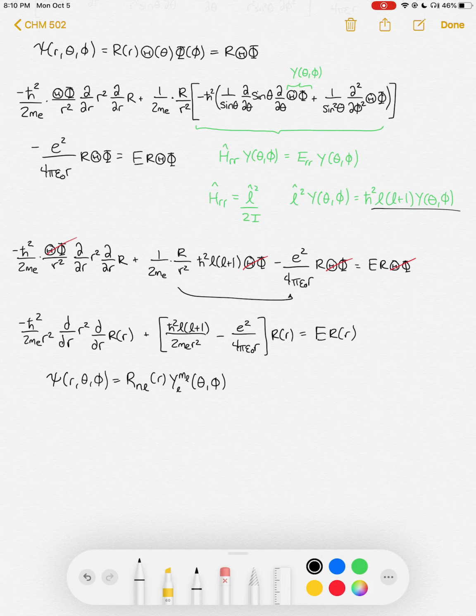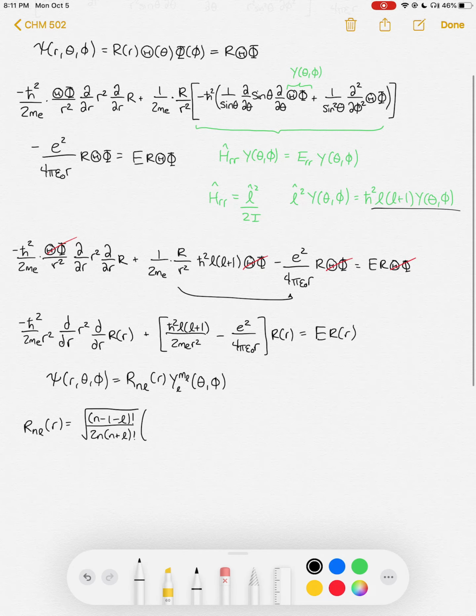But the solutions here, these R_nl, they're going to be equal to, first, this term here. This is going to be a normalization term. So it's (n minus l minus 1) factorial over 2n times (n plus l) factorial. And then this is multiplied by (2 over n a naught) raised to the l plus 3 halves power.